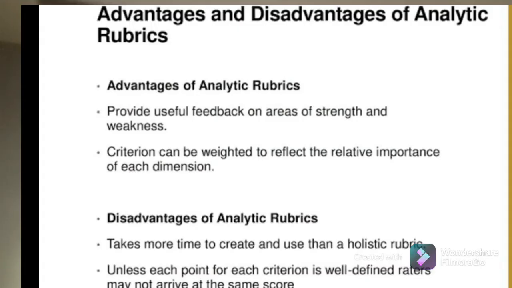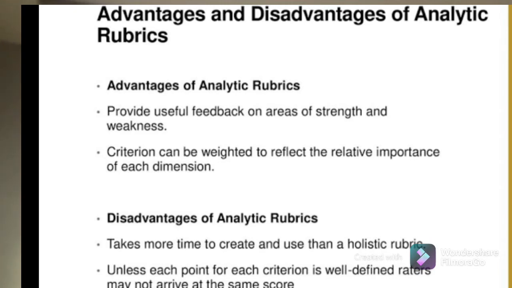Of course, it will be very helpful for the students to know what they have already gained and what they lack. It is easier to link to instruction than holistic rubrics. So analytic rubrics are easier to look at and to use for instruction.